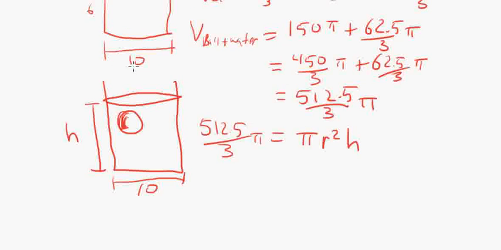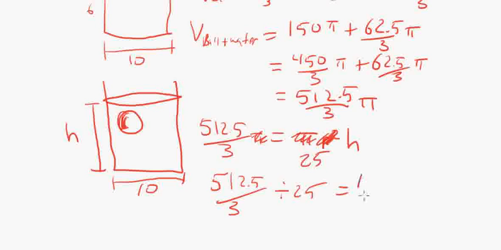Well, we can see that the pi's cancel out immediately, and we know r squared is just going to be 5 squared, because the radius of the cylinder is 5. So I can cross that out, replace it with a 5 squared, and then we just solve for h. So when we solve for h, we'll get 512.5 divided by 3 divided by 25 equals h.